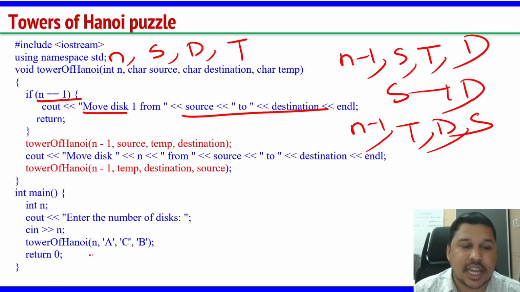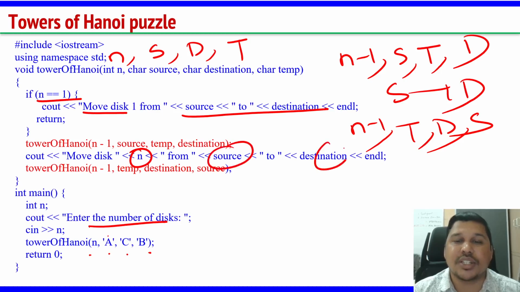So if you give n, A, C, B, it will move from A to C using the help of B. You tell the number of disks, and it will give all the steps of moving the disks from source to destination, right? This algorithm will give you the steps.